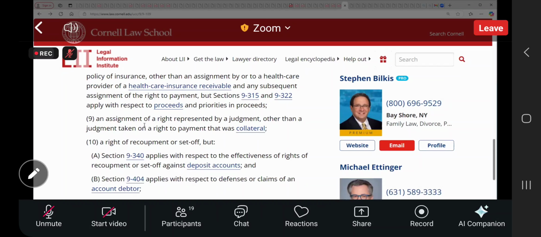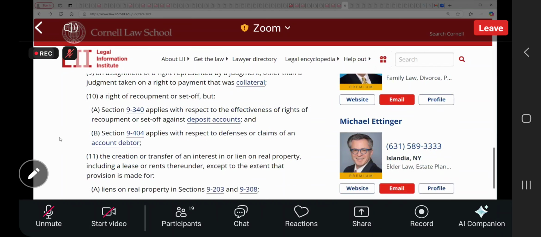Again, we go down to 9, an assignment of the right with respect to a judgment other than a judgment taken on a right to payment that was collateral. So it had to be a judgment on collateral. 10, a right of recoupment or set-off.